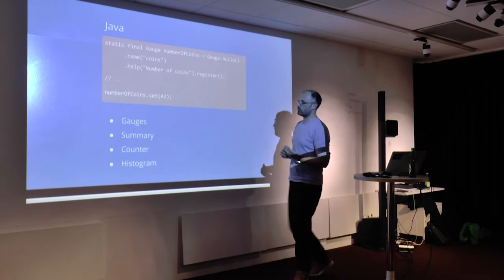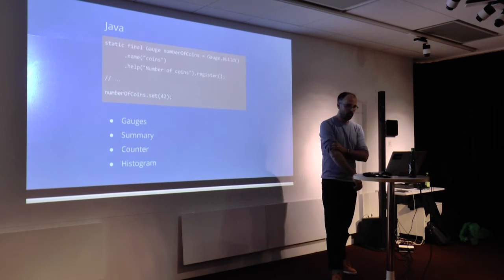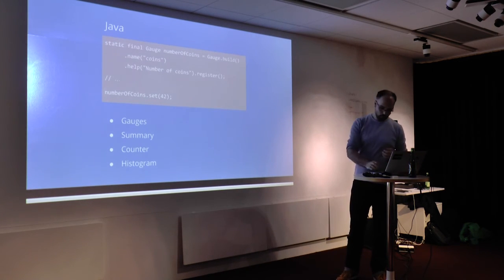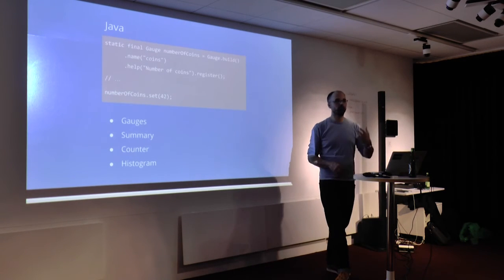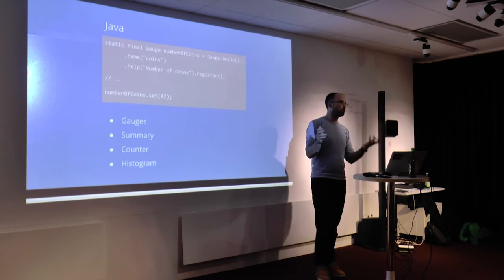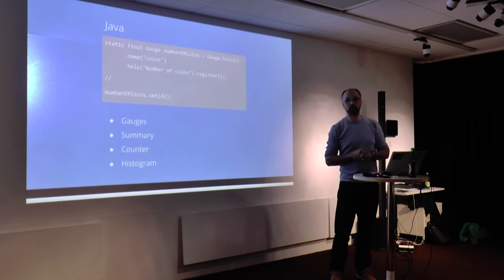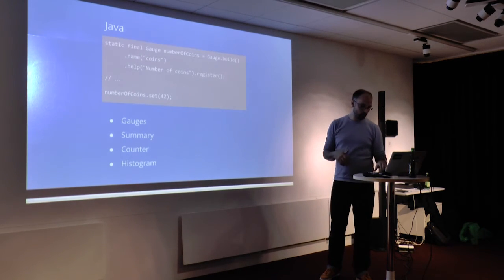You can use different metrics. You can use summaries, counters, and histograms. Once we do that, the Prometheus library also supplies a Jetty servlet that you can just hook into. If you already have a Jetty or Tomcat, you can just add that servlet into your runtime, so you get a new endpoint for the metrics that can be scraped.